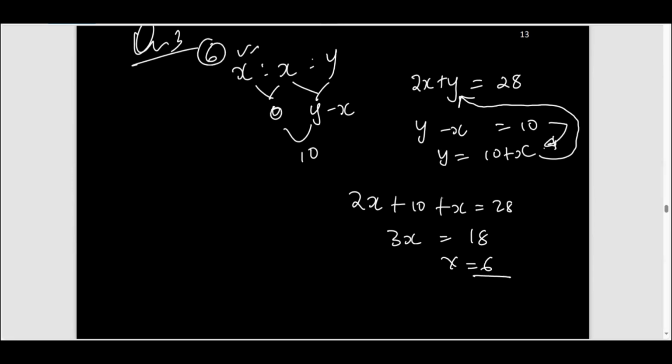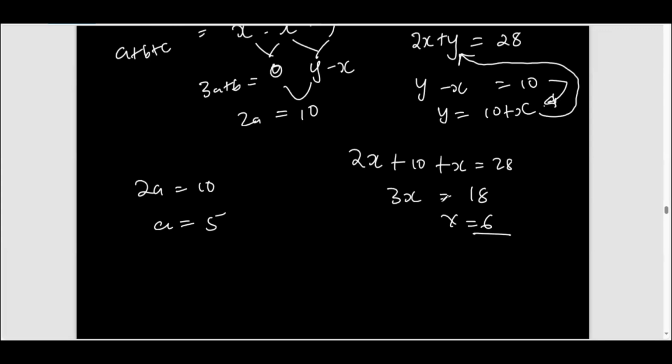Okay, so I think we have everything that we needed. So that's 2a, 3a plus b, that is a plus b plus c. Okay, so if 2a is 10, which means a is a 5. Then if 3a plus b is a 0, we know that a is 5, so that's going to be 15.